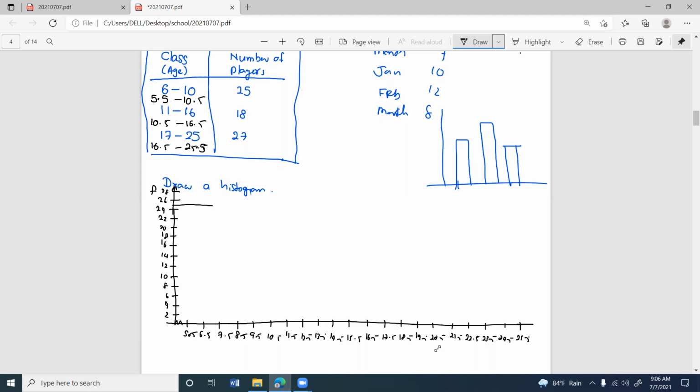Up to 10.5. This is the first bar. After that, it comes up to 18, up to 16.5. After this, it comes up to 27, and we need to draw it up to 25.5.